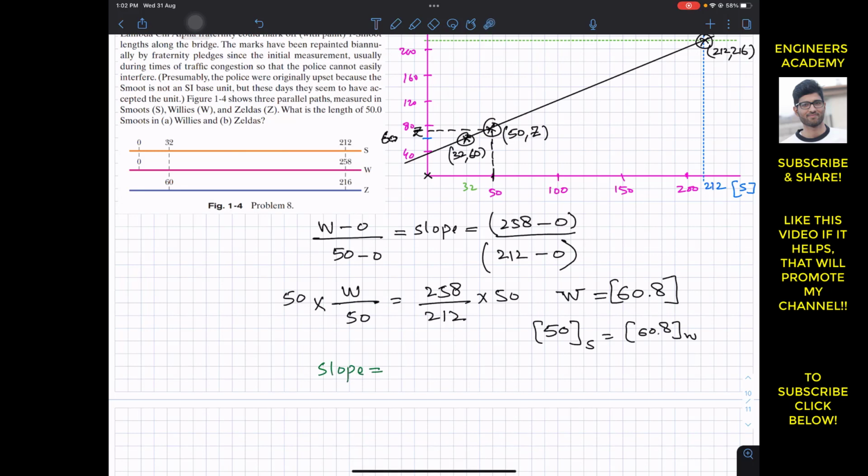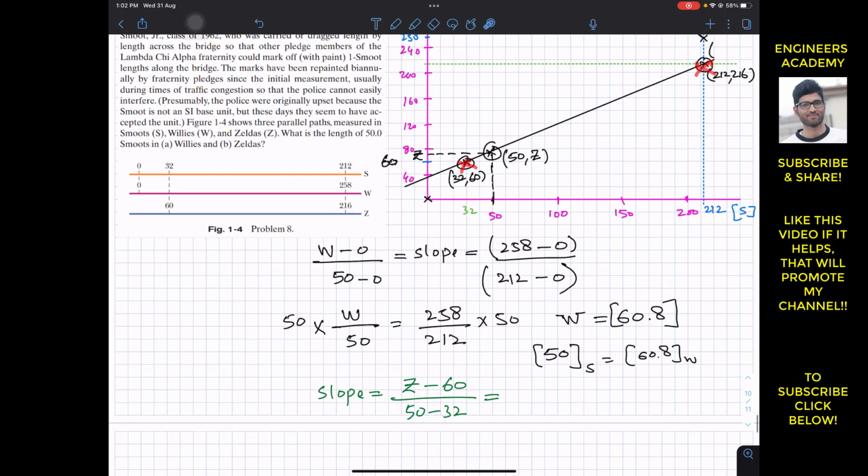The slope for this will be z minus 60, which is the rise, divided by the run. What is the run? The run is 50 minus 32, and this will be equal to the slope between this point and this point.